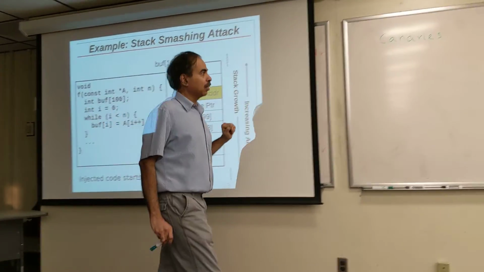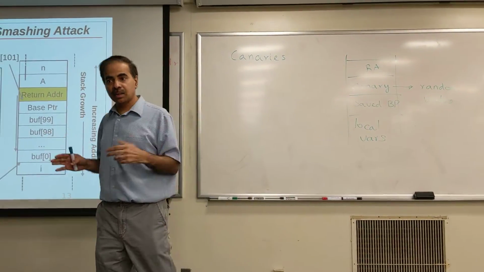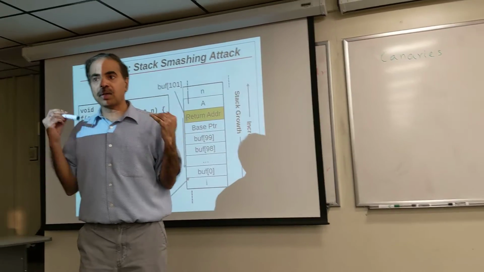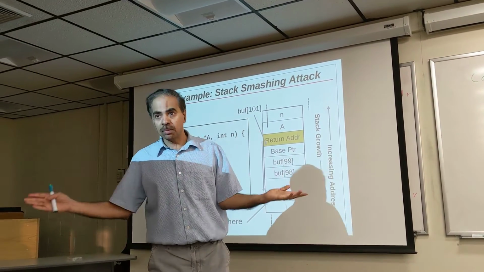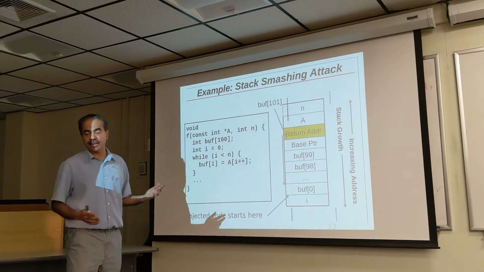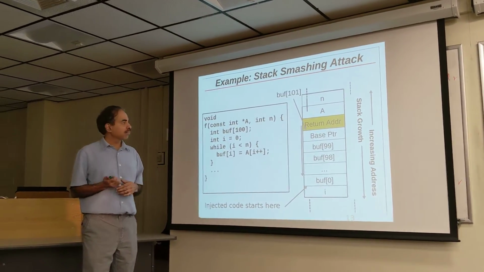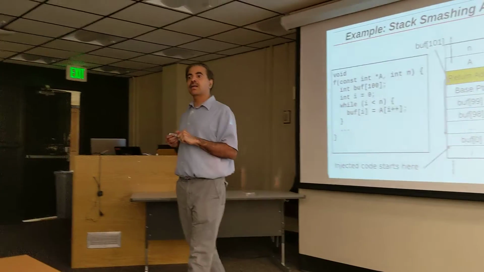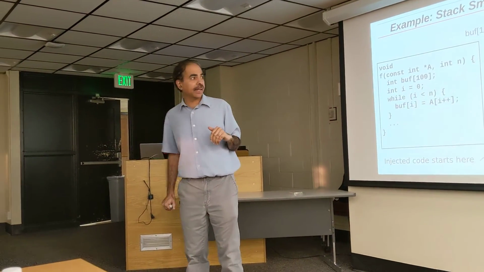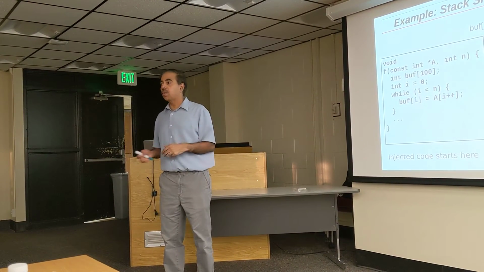Okay? And the reason it's a random value is because you don't want the attacker to be able to corrupt the canary without you being able to detect it. Right? If it's a random value, the attacker wouldn't know what it is, and therefore if the attacker simply overrode that canary, you will know it's been overridden, right?